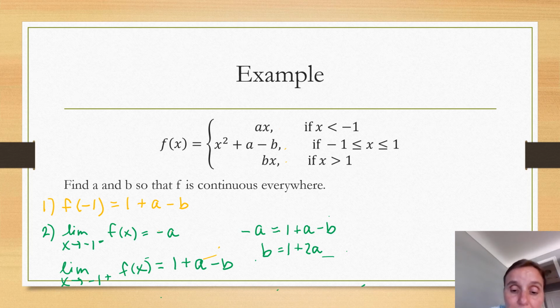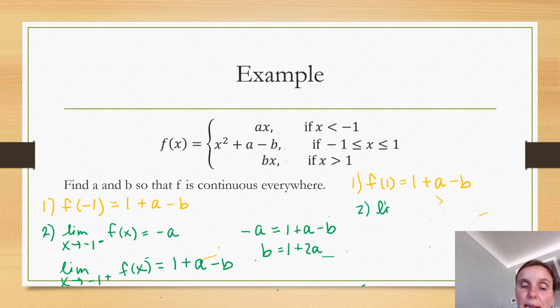So then I'm going to go back to the other place where this function might fail at 1. So f of 1 would be, again, middle part of that definition. So 1 plus a minus b. And then I'm going to go to the second part of the definition. So the limit as x approaches 1 from the negative direction.